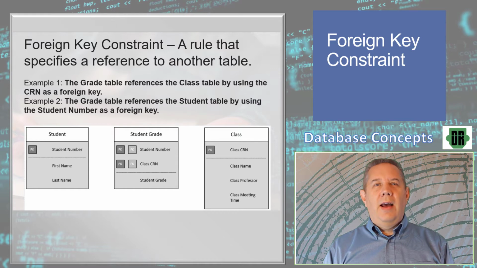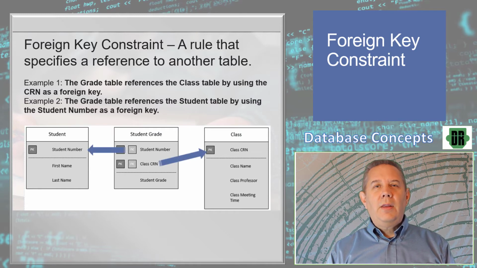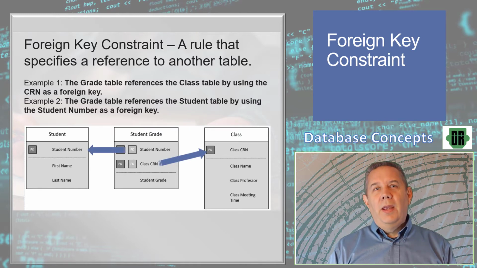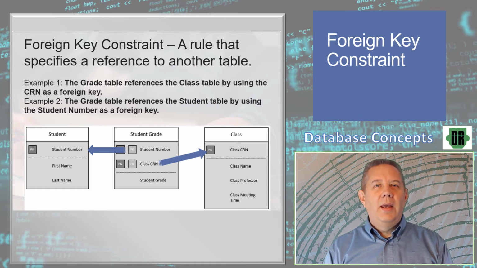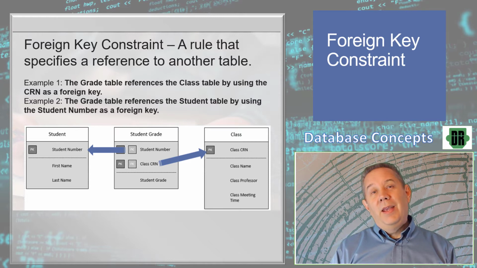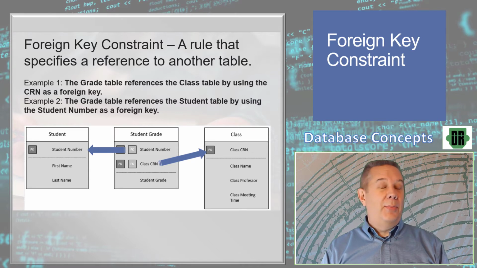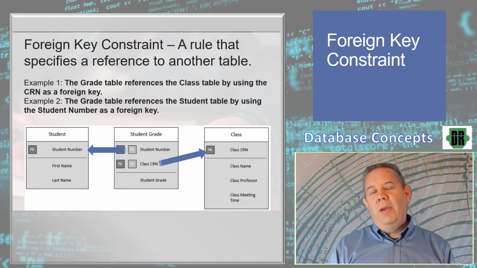So when we put the student number in the student grade table, we consider that to be a foreign key. The student number refers back to the student table, and the class CRN number refers back to the class table. And this sets up a foreign key in the student grade table. In this example, the foreign key is the same as the primary key, and that may or may not be the case.